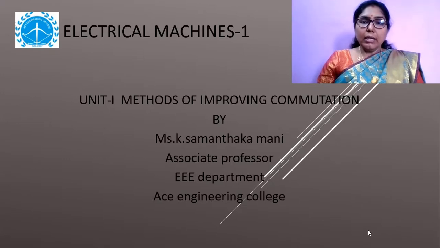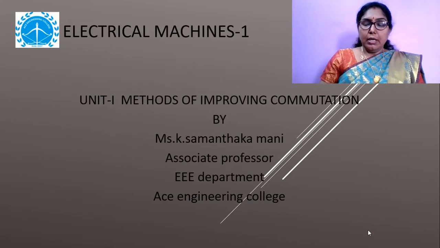We also saw the effects of this commutation in the earlier class. Today we are going to discuss how commutation can be improved and what the methods to improve it are.